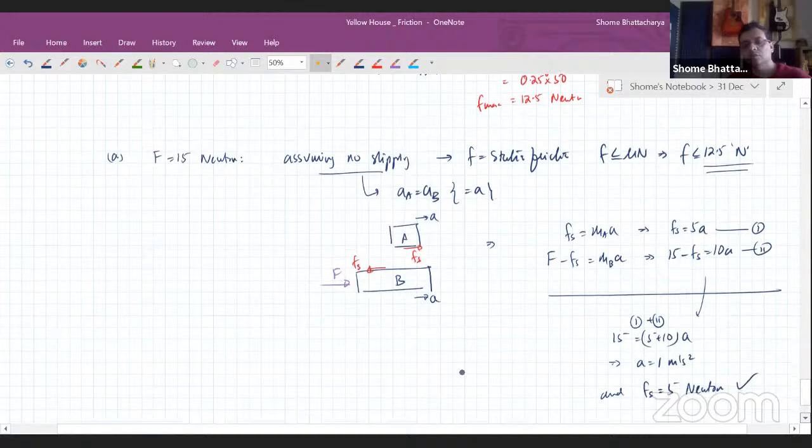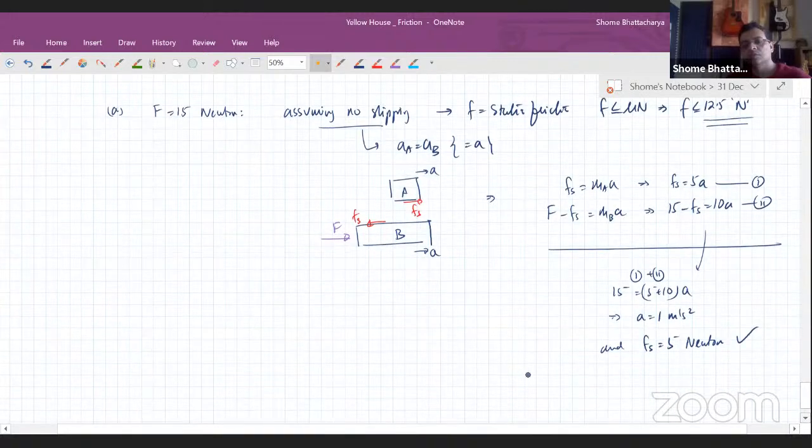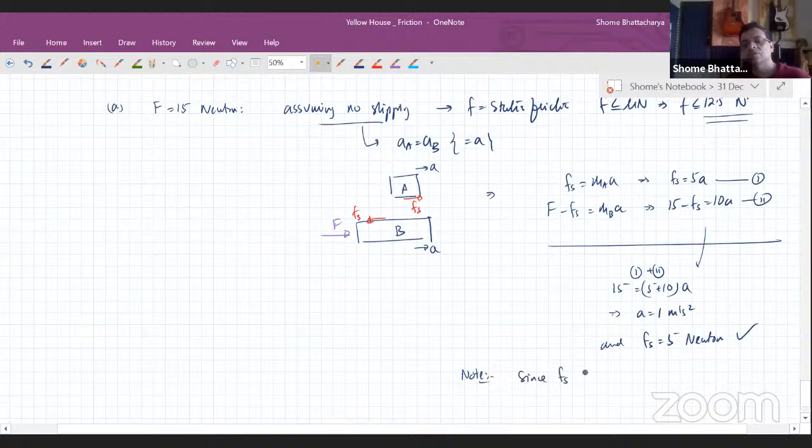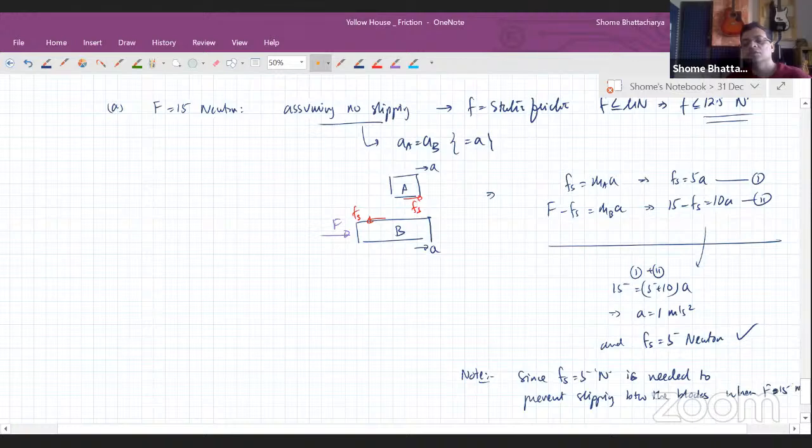Okay. So since a static friction of only 5 newtons is needed to prevent slipping between the blocks, when F is 15 newtons, acceleration of A will be equal to acceleration of B, which will be equal to 1 meter per second square, and static friction of 5 newtons will act.